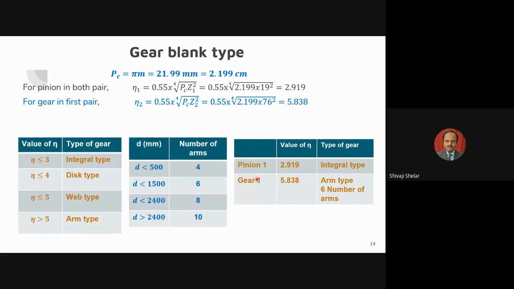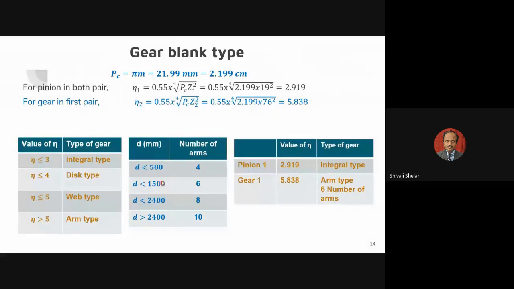So pinion 1 will be having this value 2.919. So we are selecting integral type shaft arrangement for the pinion gear. And then gear 1, this value is 5.838, which is greater than 5. So we should go for arm type. Now when we are going for arm type, then we need to decide the number of arms here.